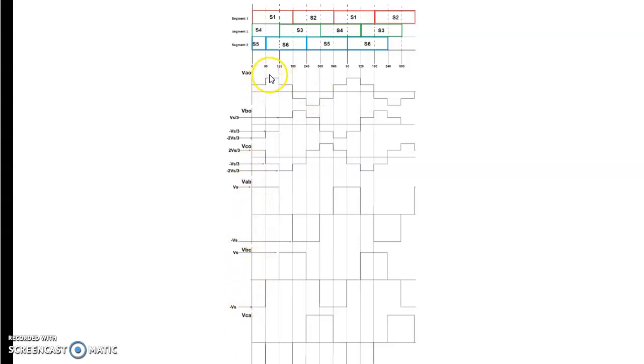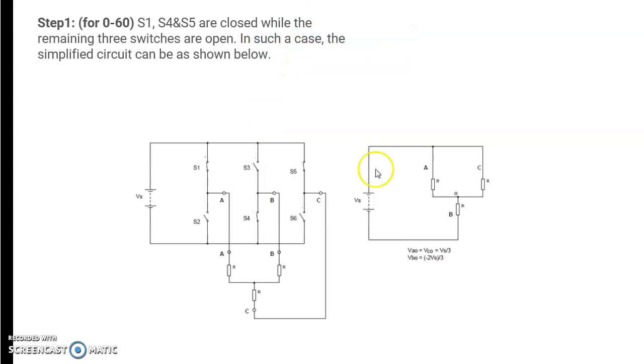You will get an alternating output voltage from that circuit by switching like this. So that is the 180 degree conduction mode of operation, and for each 60 degree you can derive the equations and draw the output voltages.